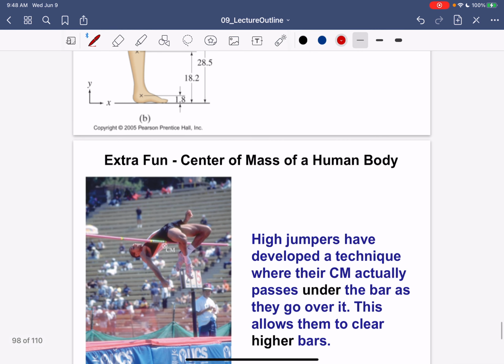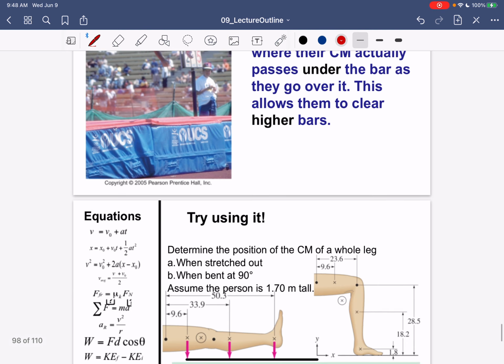You can see that high jumpers have developed a technique where their center of mass actually passes under the bar as they go over it. This allows them to clear higher bars, because the center of mass is somewhere here, which helps them make it.